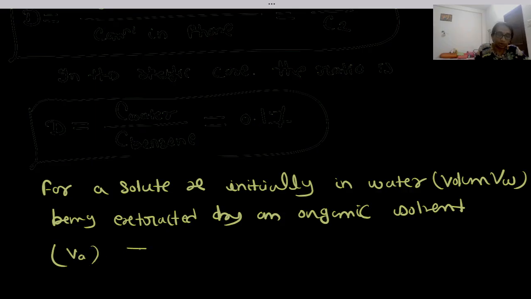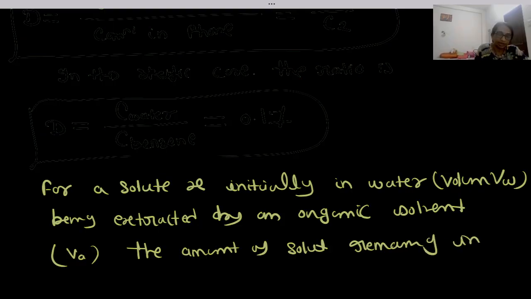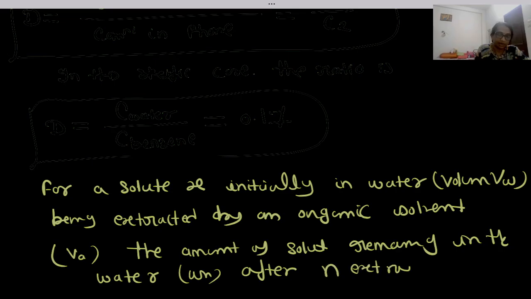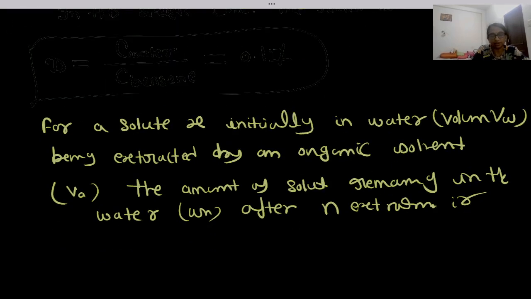The amount of solute. क्वेश्चन में क्या पूछा है? The amount of solute remaining in the water W after an extraction, ये हमें यहाँ पे कैलकुलेट करना है.